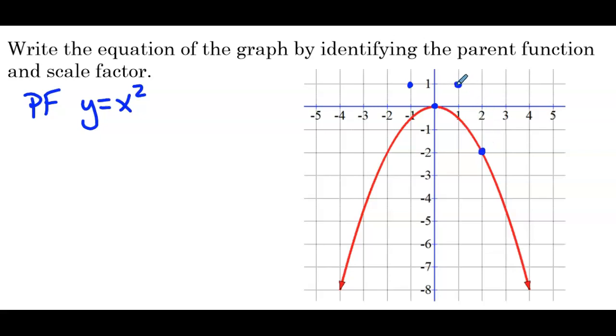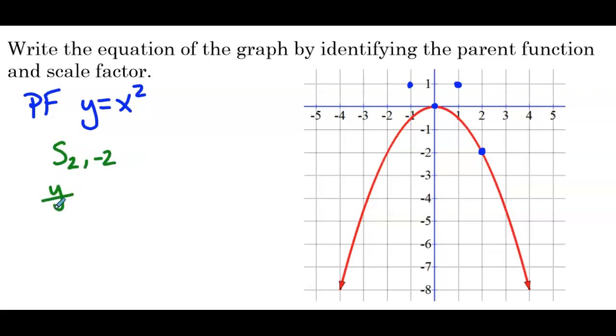So how does (1, 1) become (2, -2)? Well, I can multiply x by 2 and y by, well, negative 2. So I can think of this as a scaling of (2, -2).